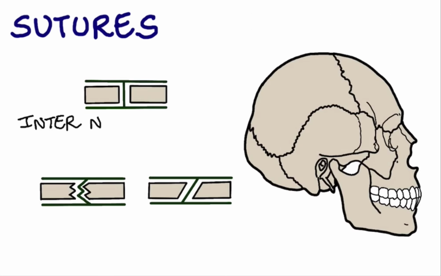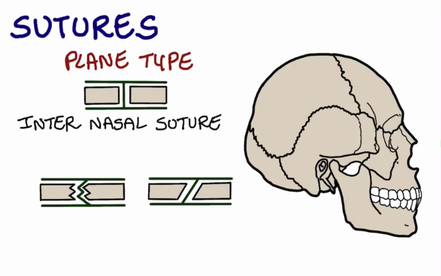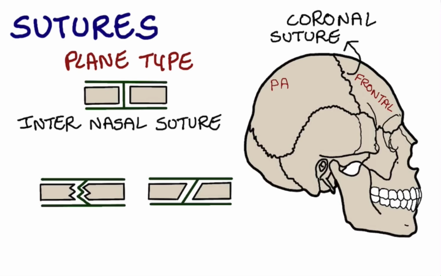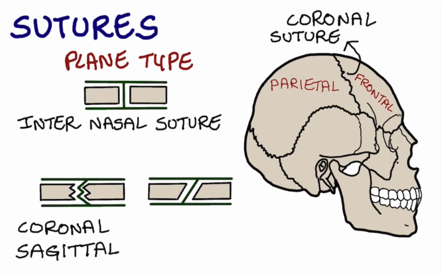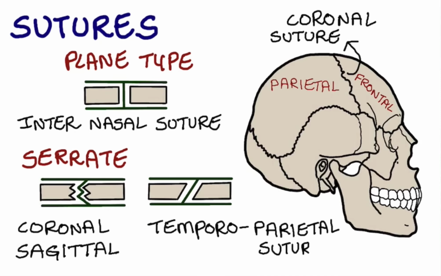The internasal suture is an example for plain type. The coronal suture that is present between the frontal and parietal bones, and the sagittal suture present between the two parietal bones are examples for the serrate type. The temporoparietal suture is an example for squamous type.